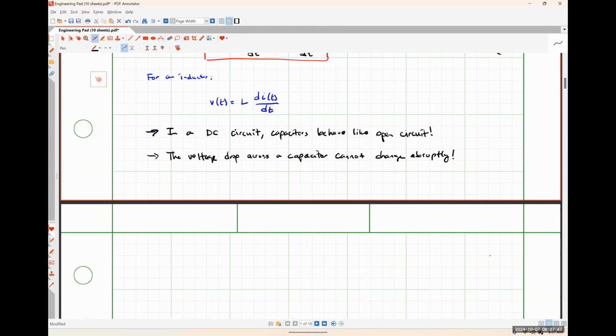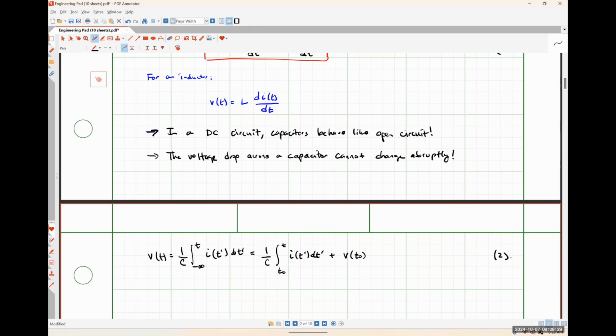So this is going to be our second one. So the voltage drop across a capacitor is going to be equal to 1 over C times the integral from negative infinity to t of I of t prime dt prime, which is the same as 1 over C times the integral from t naught to t of I of t prime dt prime plus v at t naught.